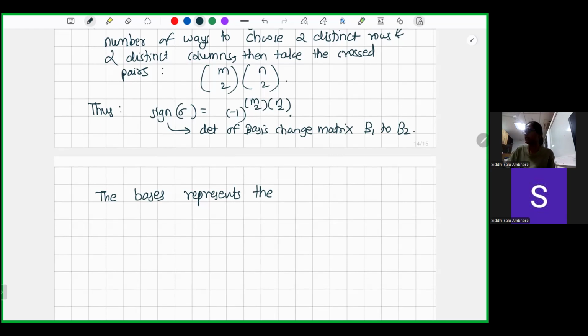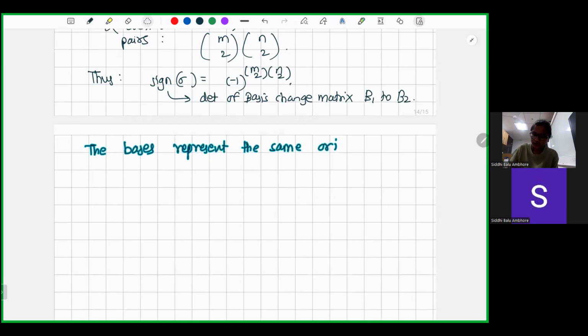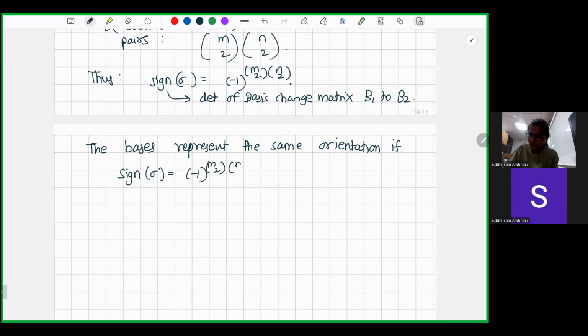Okay, so the bases represent the same orientation if the sign of sigma, minus 1 to the power m choose 2 times n choose 2, is plus 1, and for that to happen, m choose 2 times n choose 2 must be even.